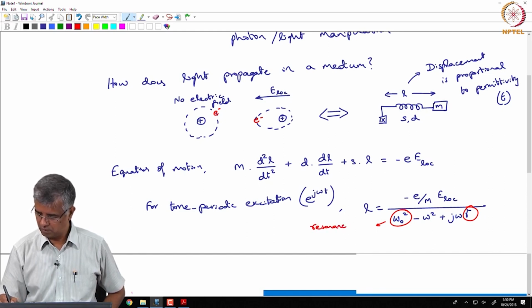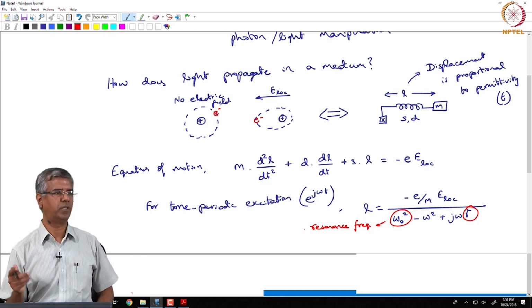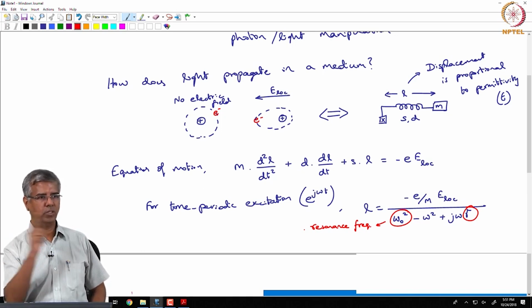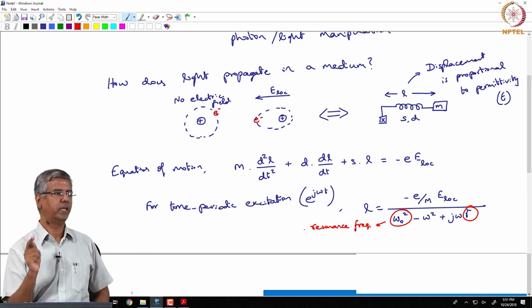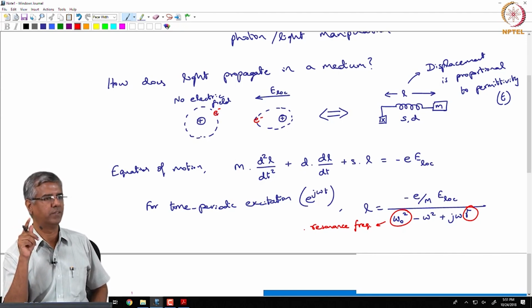Every spring that you take has got a particular resonance frequency. If you pull the spring and let it go, it is going to bounce around and come back to rest, and it is going to bounce around at a particular frequency, right.